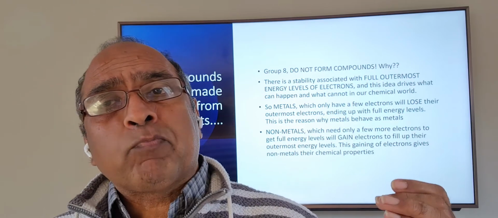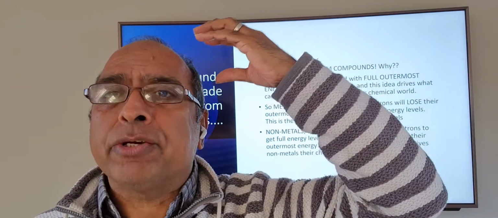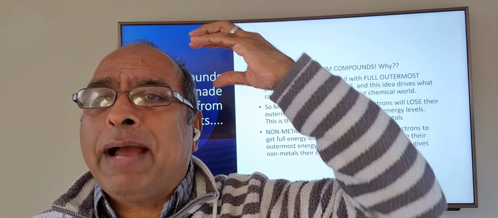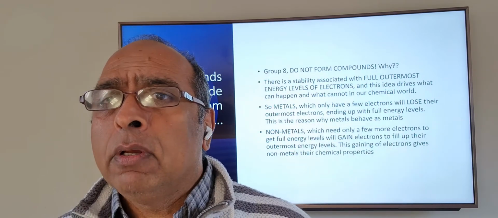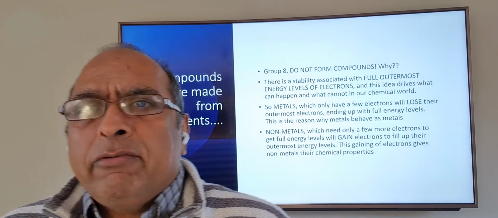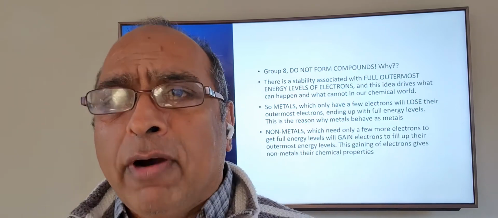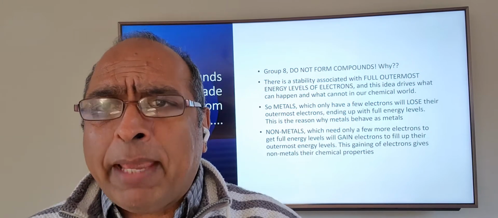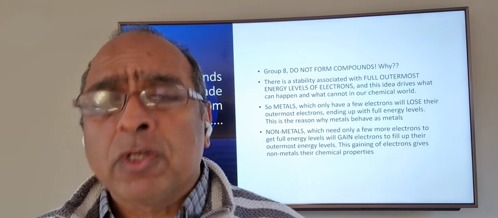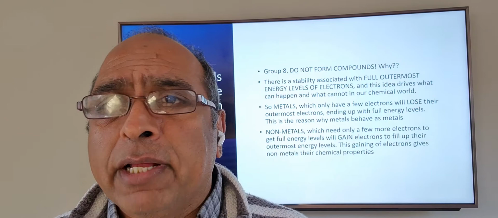So if you put the idea that atoms have a stability when the outermost energy levels are full, that's really where we're heading with all of our chemistry. We want the chemicals we've got to have full outermost energy levels. We want everything to have full outermost energy levels.